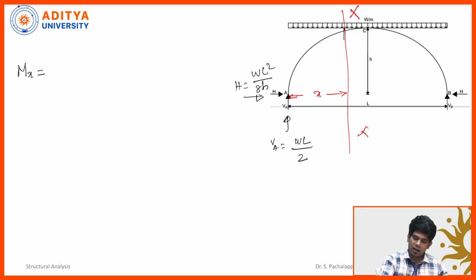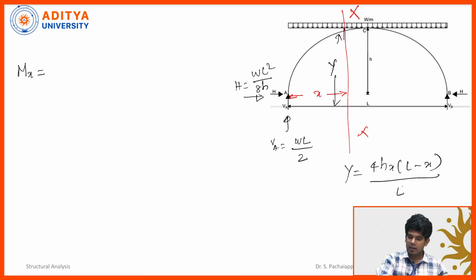And then at this point, the ordinate y. So what is the y value? y is equal to the equation of the parabola, 4hx into L minus x divided by L square. So this is the equation of the parabola. We can measure the vertical ordinate anywhere across the 3-hinged arch.